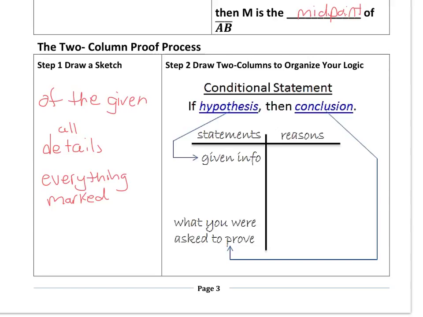Once you have that step done, now you're going to set up your two columns, and the very first column is called your statements, and the second column is called your reasons. And the very first thing, all the given information that you've been provided, that's actually part of the hypothesis of the conditional statement. You're going to list everything. It may be one thing that you're going to list as the given info, or it may be several rows here of given information.